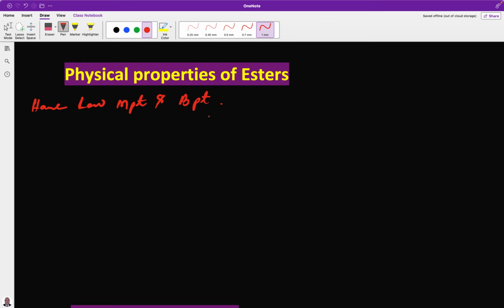The reason is that carboxylic acids or alcohols can form hydrogen bonds, but esters cannot. Because esters cannot form hydrogen bonds, their boiling points are always low. So they have a lower melting point and boiling point than carboxylic acids.